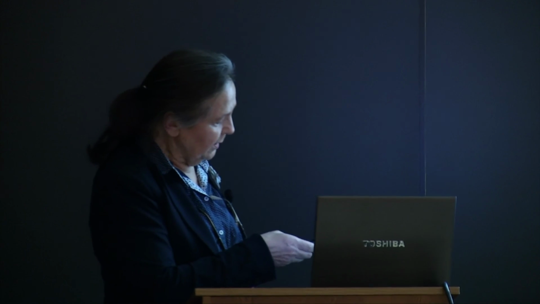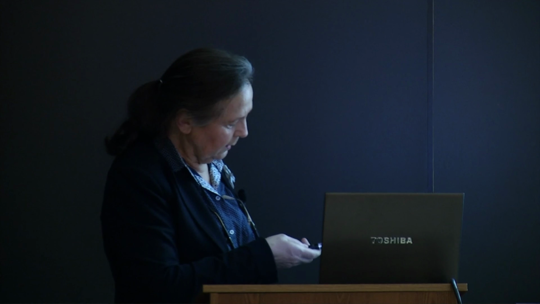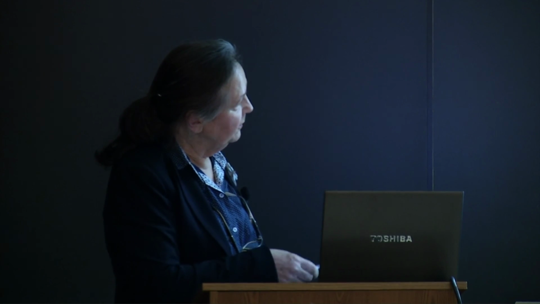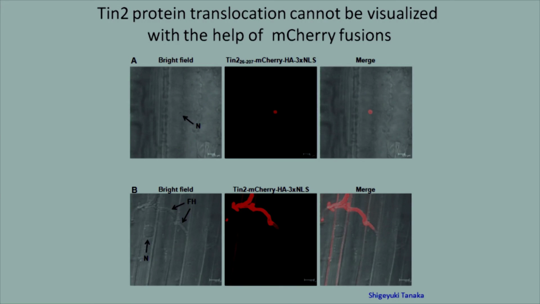However, if we now do the real experiment and express this fusion protein by the fungus, we do find staining of the fungal hyphae inside the plant. And because the effector is secreted and the hyphae is encased by the plant plasma membrane, the effector cannot diffuse away, and this is the typical distribution which we see for a secreted protein.